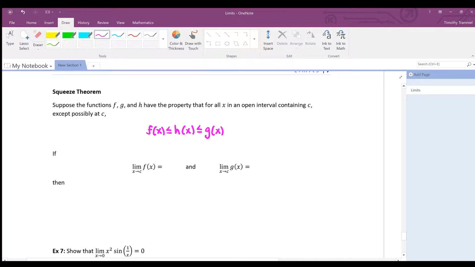It doesn't have to be sandwiched between them everywhere, just on some interval containing x equals c. And if the limit as x approaches c of f of x is L, and the same could be said about g, then we know that this function that's sandwiched in the middle, its limit must also be L. So the limit as x approaches c of h of x is equal to L.